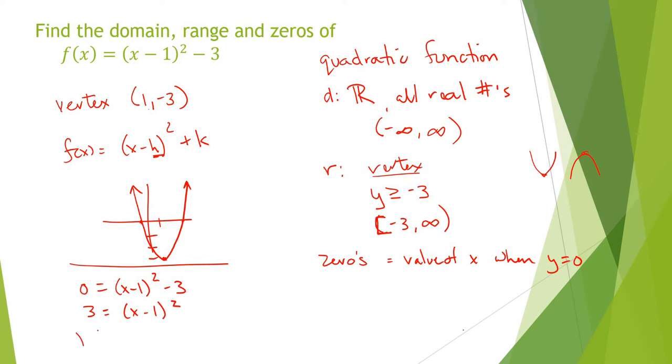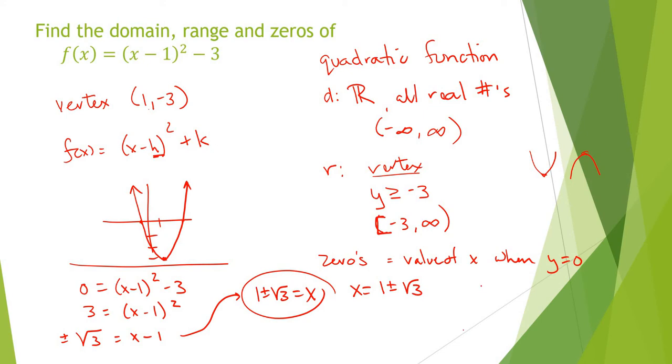I'm going to take the square root of both sides, so I have plus or minus root 3 equals x minus 1. Hopefully you have more room on your paper. Adding 1 to both sides. These two values are my zeros, so my zeros are x equals 1 plus or minus root 3. So since I knew this was a quadratic, finding my domain, range, and zeros was not too difficult.